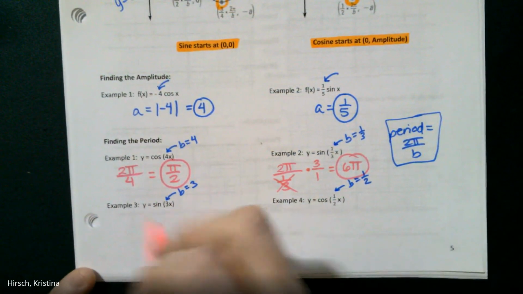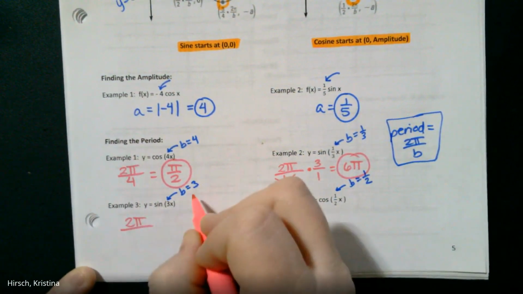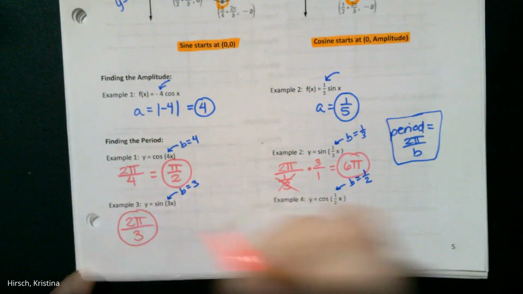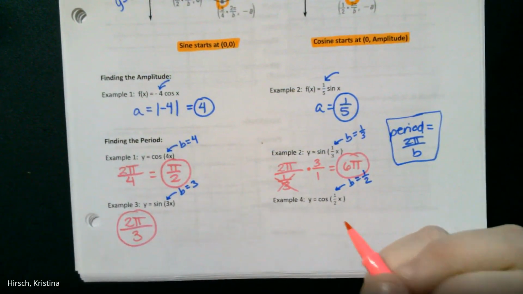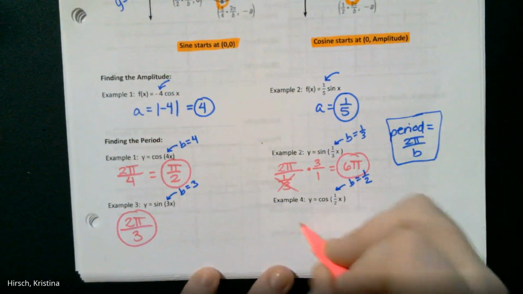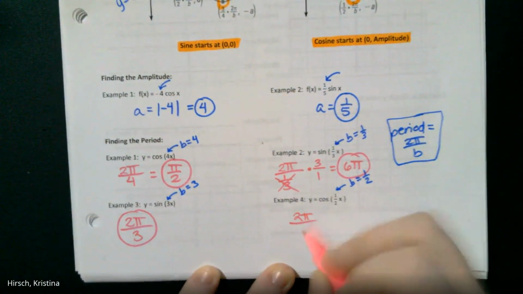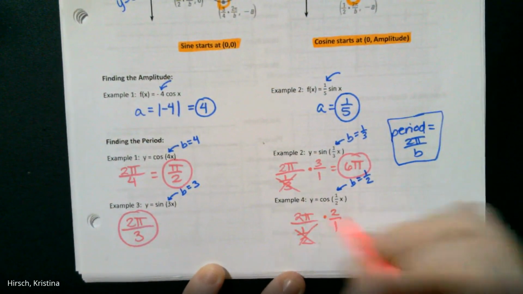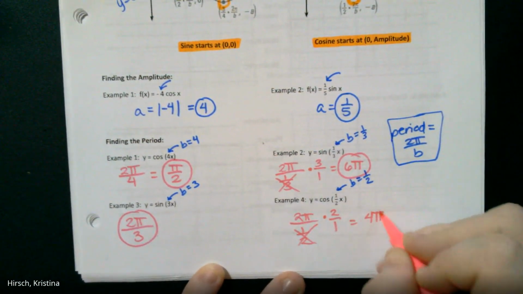For example 3, 2 pi divided by my B, which is 3. Nothing happens there, no reducing. So it's just 2 pi over 3. And for my last one, we would have 2 pi divided by a half, which means I have to multiply by the reciprocal. So 2 pi times 2 is 4 pi.